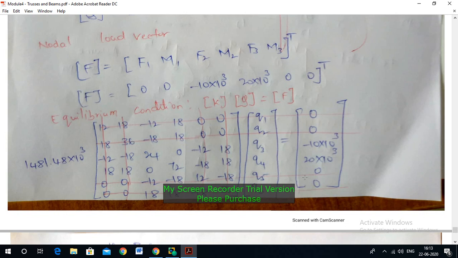Make a note in your notebook. KQ is equal to F, the equilibrium condition equation.